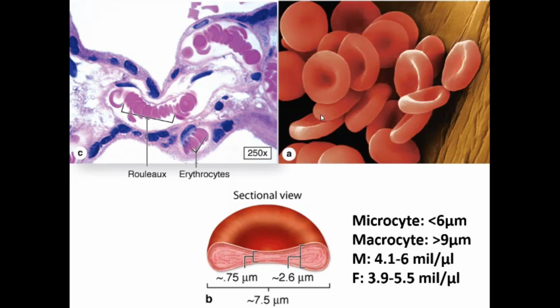They can change shape to pass through narrow vasculature, for example through the capillary, and they are so flexible to pass this pathway. And in the large blood vessel, some of them attach together in this way and make a stack of cells. This structure is called rouleaux, like this. This attaching is very loose and they can easily detach from each other.